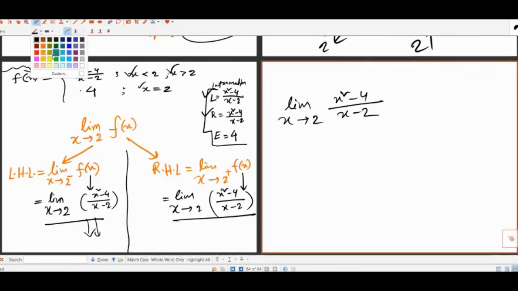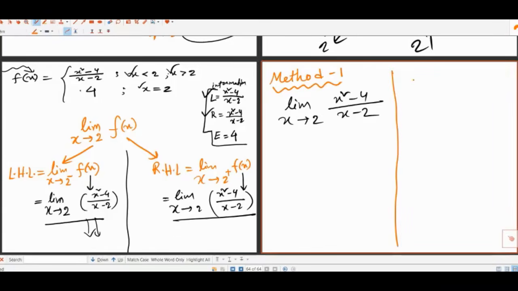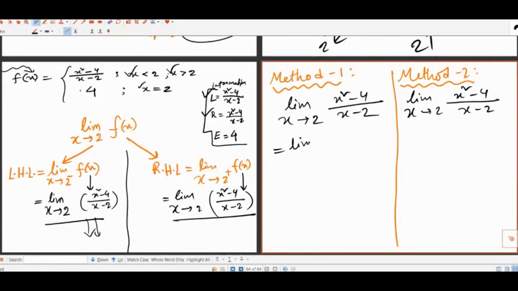We will discuss L'Hopital's rule later in our next discussions, but for now I am showing both methods. For the limit as x tends to 2 of (x squared minus 4) over (x minus 2), the first method is algebraic manipulation.